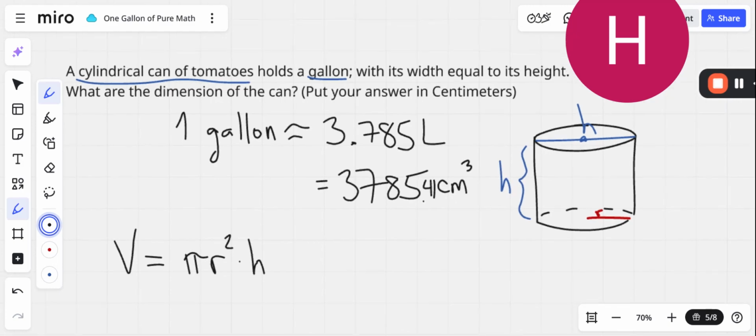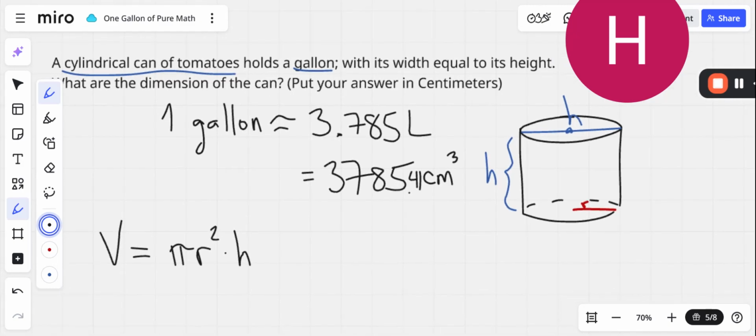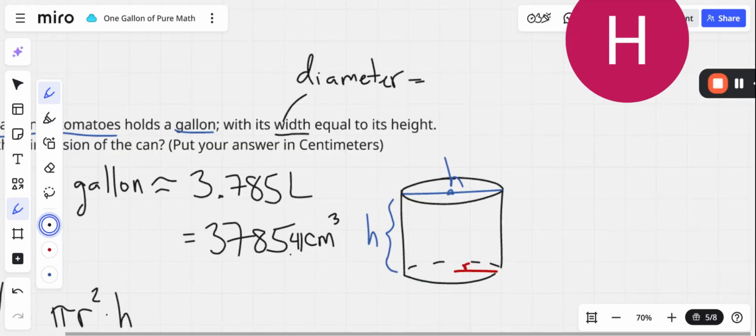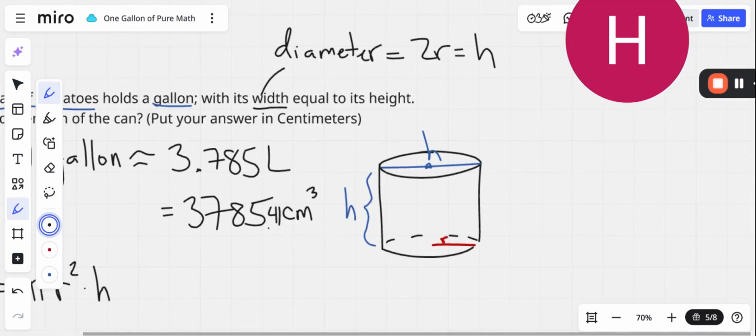In order to do that, you have to realize that the width is really the diameter, and the diameter, of course, is double the length of the radius. So we can call that 2r, which means that our radius here is equal to the height over 2.